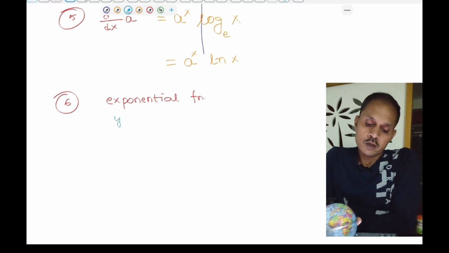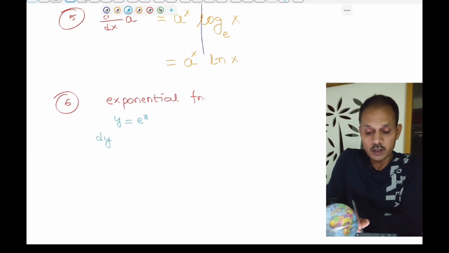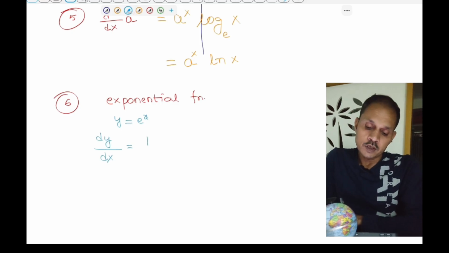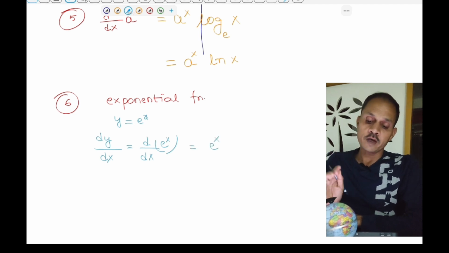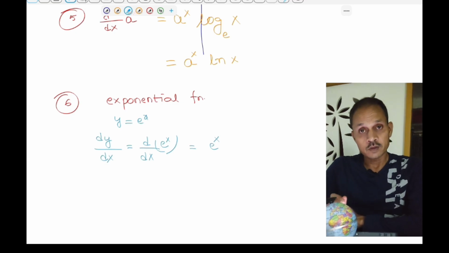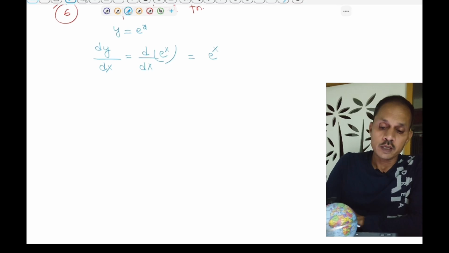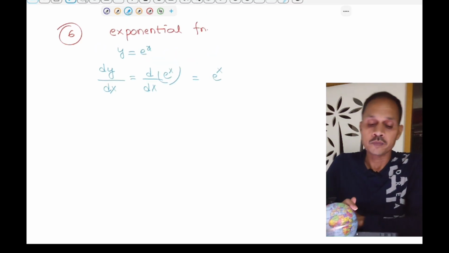If y is equal to e power x, then finding dy by dx, which is d by dx of e power x, what is the answer? It is e power x again. So differentiating e power x gives you the same result again. It is not changing.